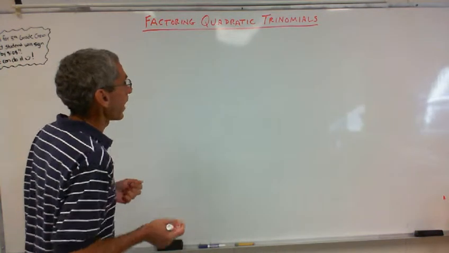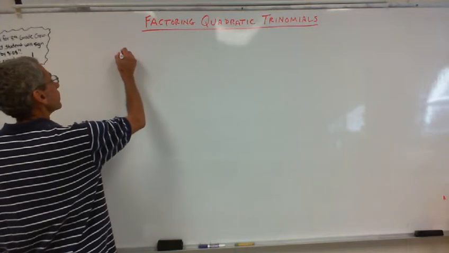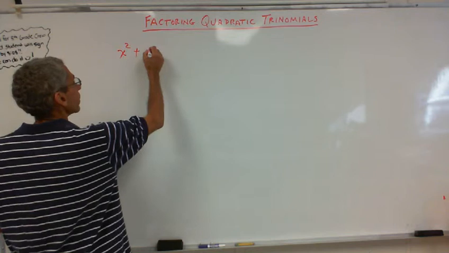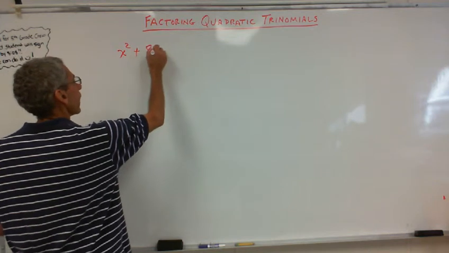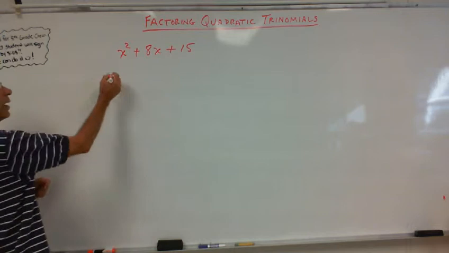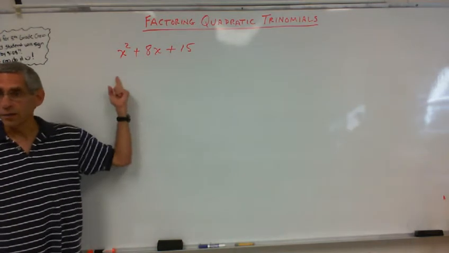So, if I had x squared plus 8x plus 15, I immediately see, oh, it's a quadratic trinomial.